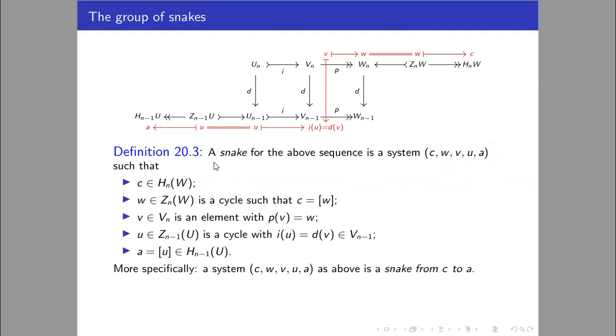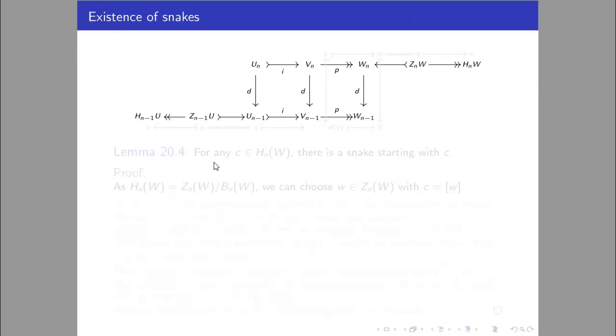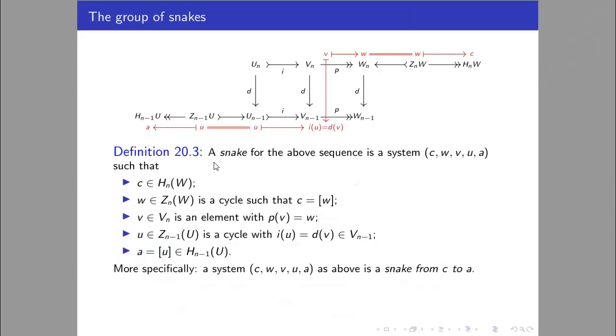So that's what we mean by snakes. It's pretty easy to see that the snakes form a group under addition. We add together all of these conditions, which are compatible with addition. So if we have two snakes, we can add them together and we get a new snake.